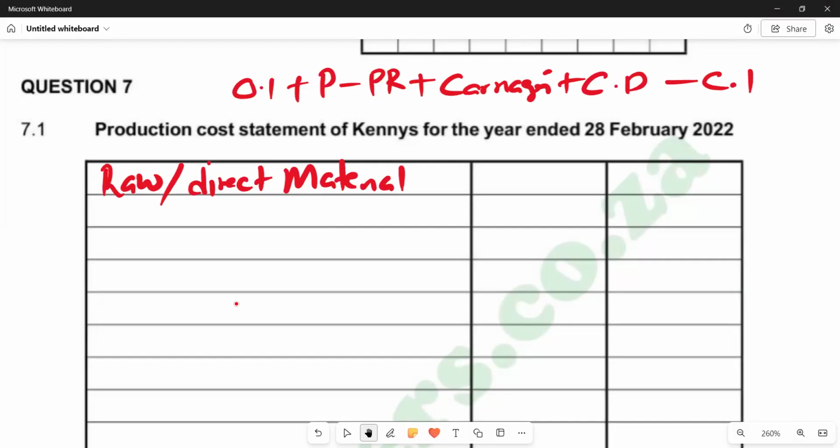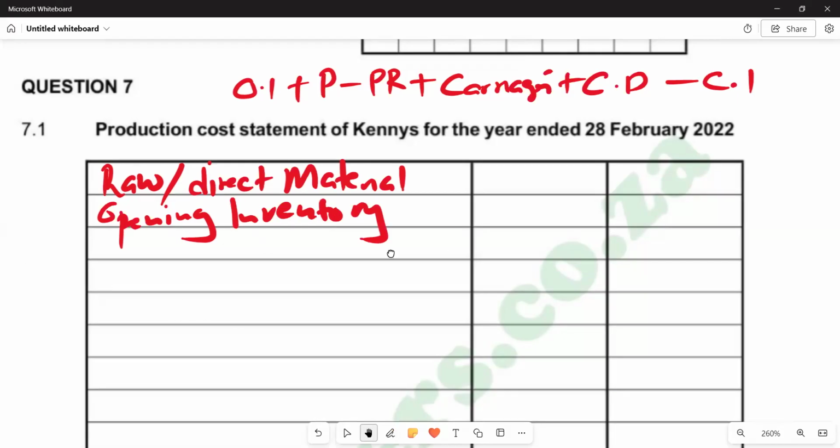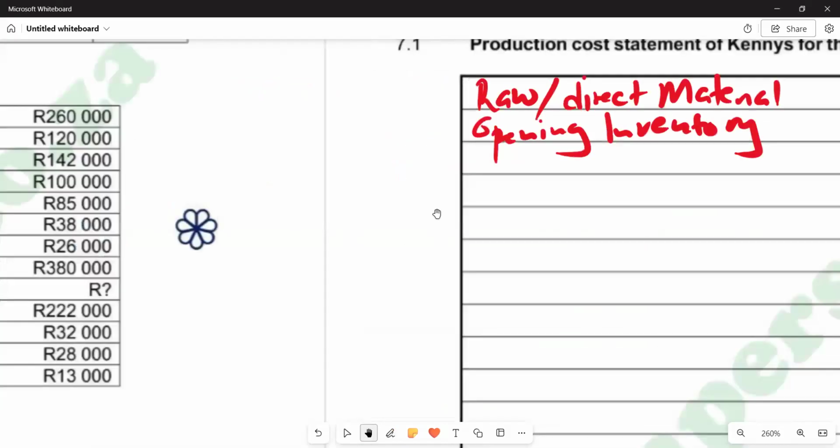So let's try to identify the opening inventory. So we can just say opening inventory. We can go to the question and try to see what figure we have in terms of our opening inventory.